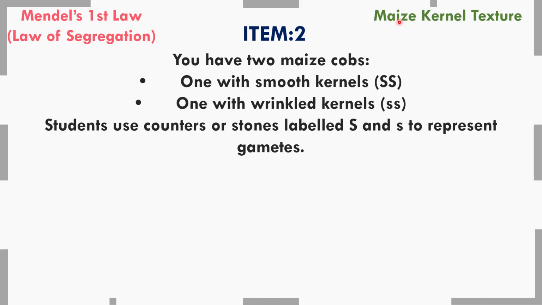Now let us use the maize kernel texture. Item 2. You have 2 maize cobs, one with smooth kernels, capital S, capital S, one with wrinkled kernels, small s, small s. Students use counters or stones labeled capital S and small s to represent gametes.